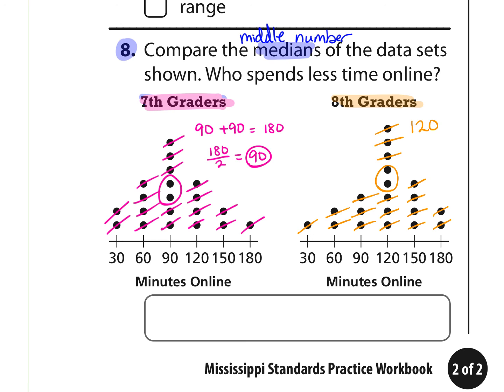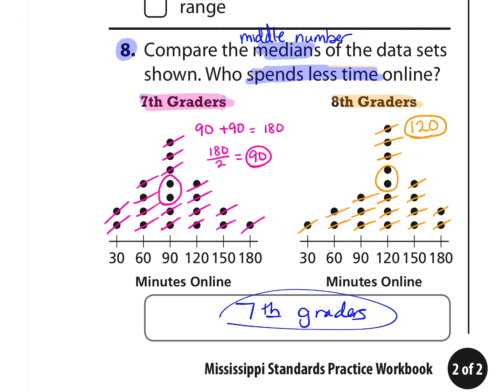So I could add 120 plus 120 and divide by 2, but I know that's going to be 120. So 8th graders typically spend 120 minutes online. So who spends less time online? That would be 7th graders. We're finished.